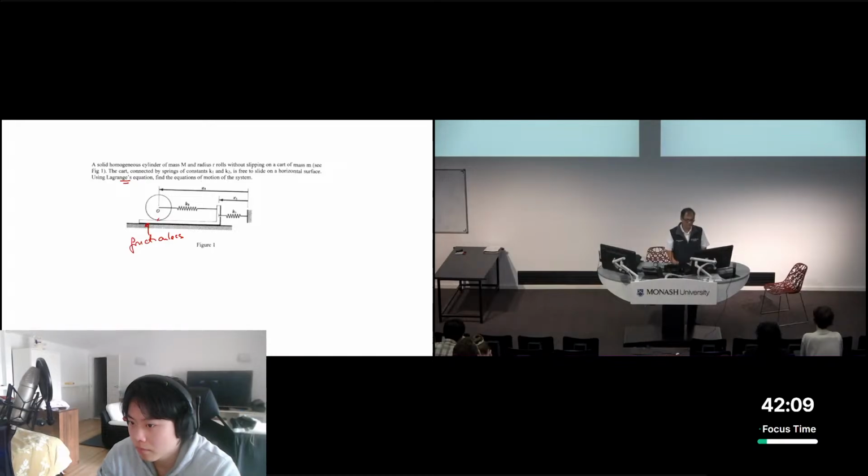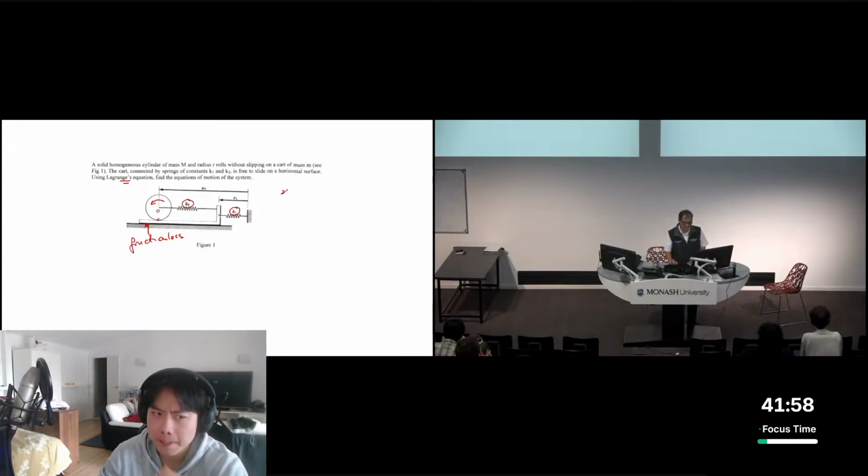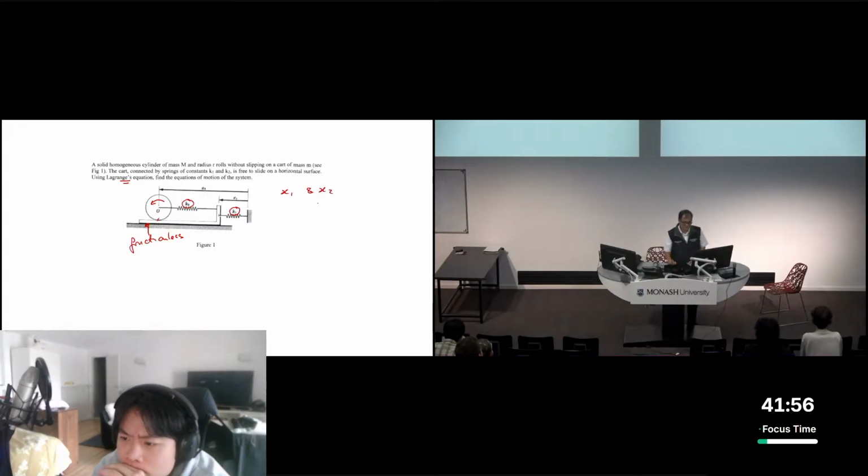Okay, without slipping, which means that this thing can roll like so. Now, this is connected by K1 and K2, and x1 and x2 in this case are the generalized coordinates that we're going to use.